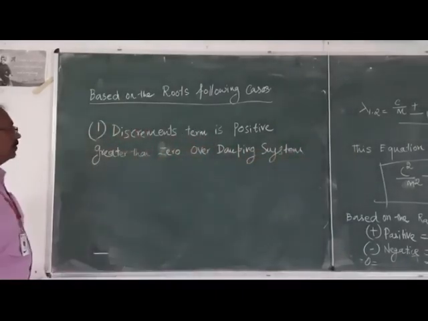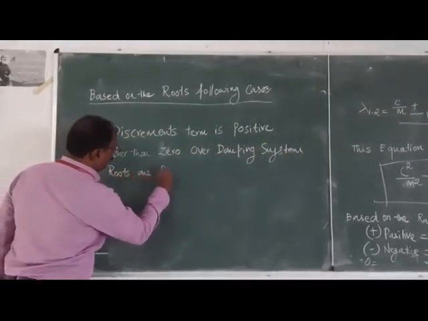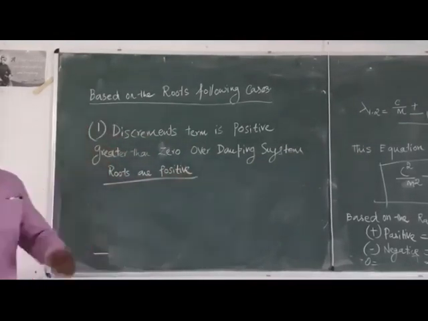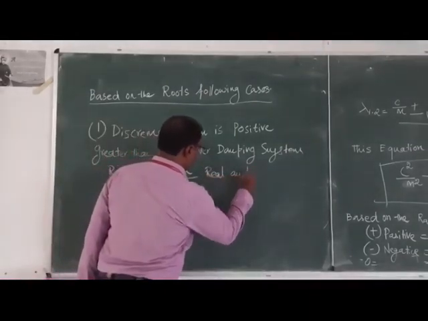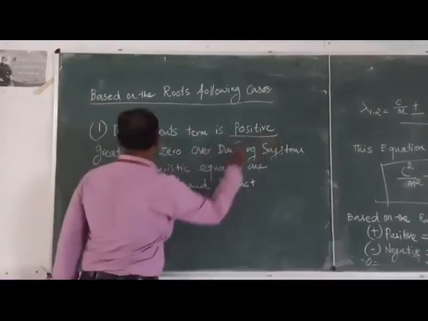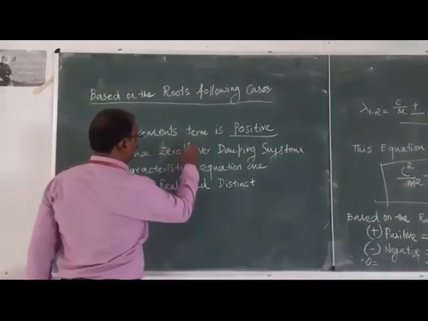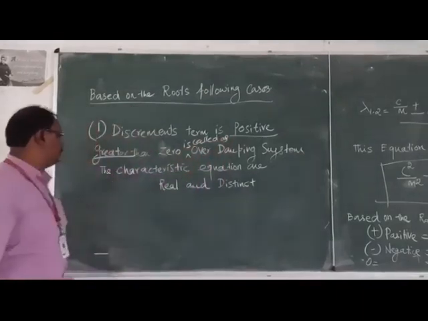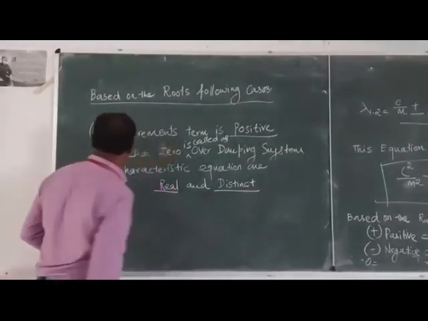In this, the roots are positive, real, and the discriminant term is positive, or greater than 0. It is called an overdamped system. In this, the characteristic equation roots are real and distinct.